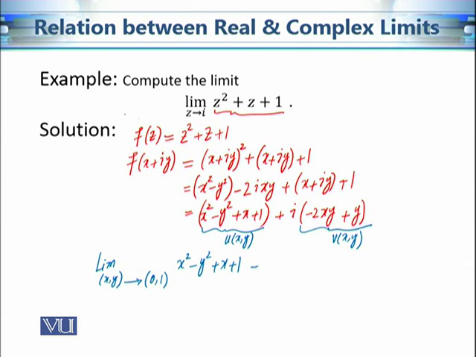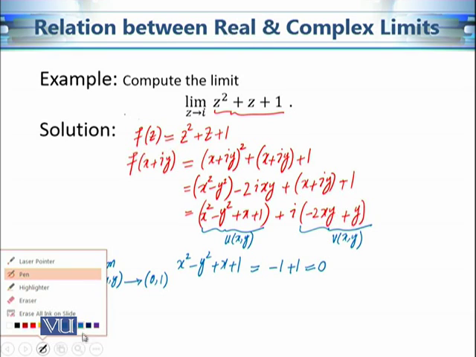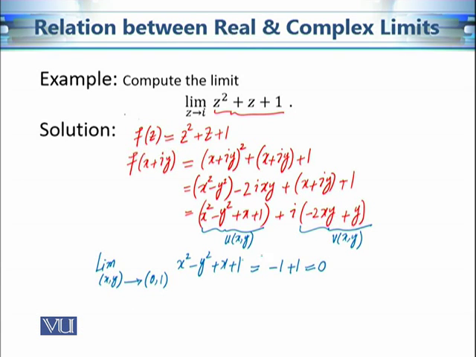Using our previous observations and results about limits of real valued functions, we can easily see that this is equal to minus 1 plus 1, which is 0, because the limit is the same as replacing x with x naught, which is 0 in this case, and replacing y with y naught, which is 1. So in this case it becomes minus 1, and this limit is 0.